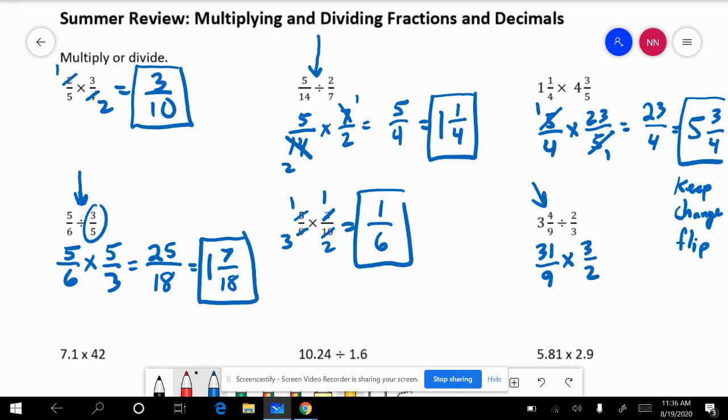Now I'm going to look to see if there's anything I could cancel. The 31 and the 2 can't cancel, but I know that the 3 and the 9 can. So 31 times 1 is 31, and 3 times 2 is 6. 6 goes into 31 5 times, and there's a remainder of 1.